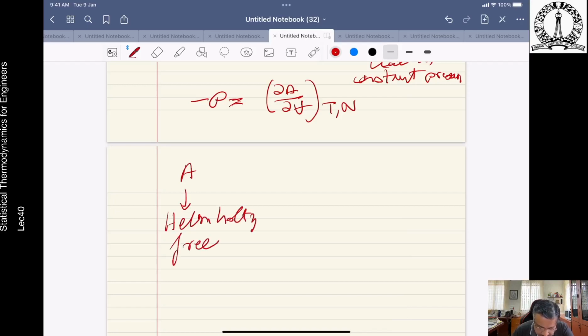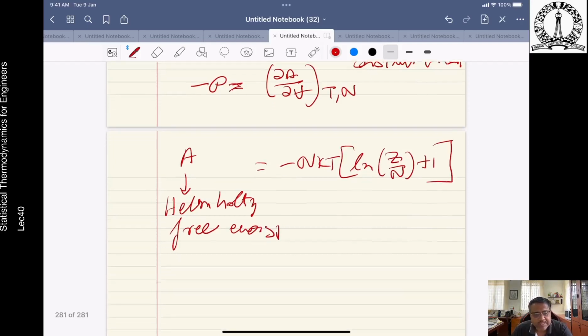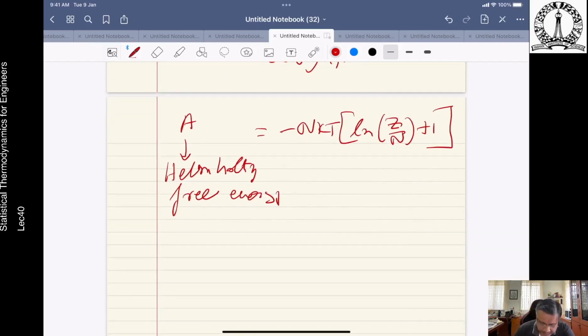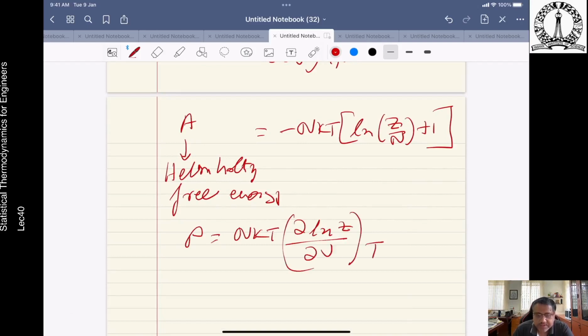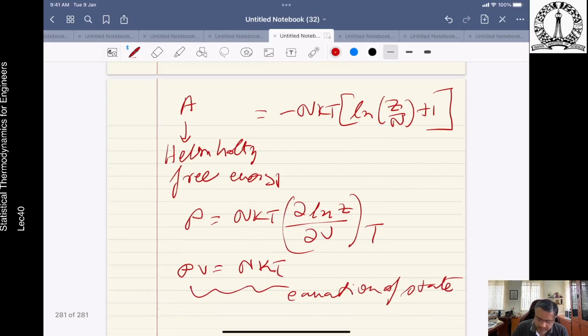Helmholtz free energy, which is given as minus nkT ln Z by N plus 1. We did all these things earlier also. Therefore, P will be equal to nkT d ln Z by dV at constant temperature. So PV would be equal to nkT, okay, which of course is the equation of state for an ideal gas.